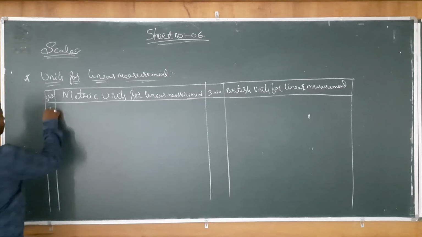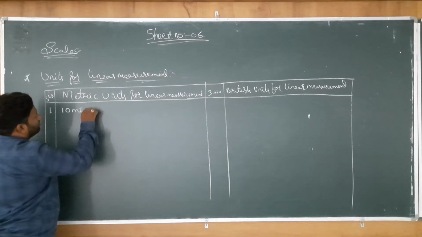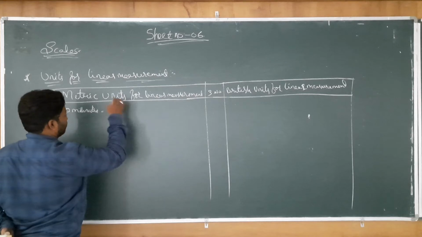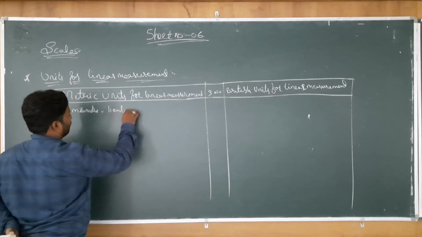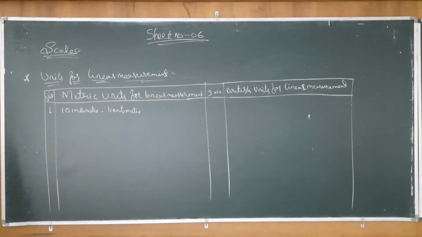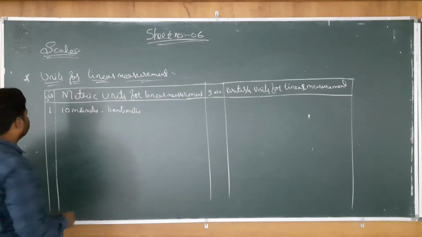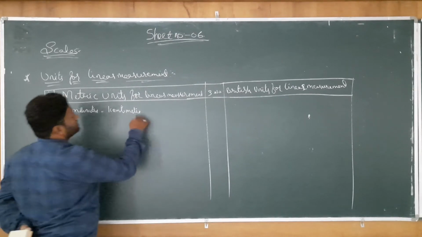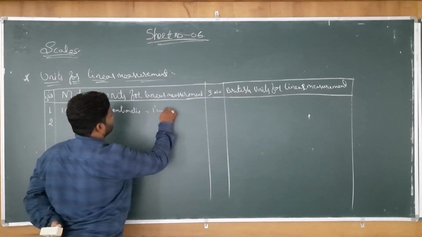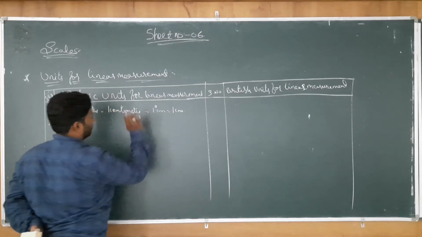So, the first one: we know that 10 millimeters is equal to 1 centimeter. Now, next, that 1 centimeter is nothing but 10 to the power of 0, which is 1 centimeter only here.